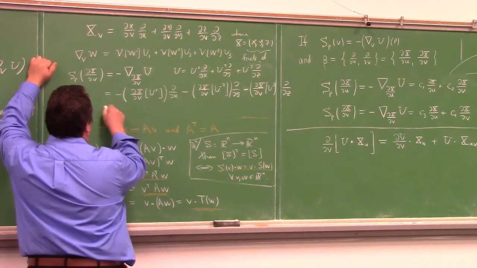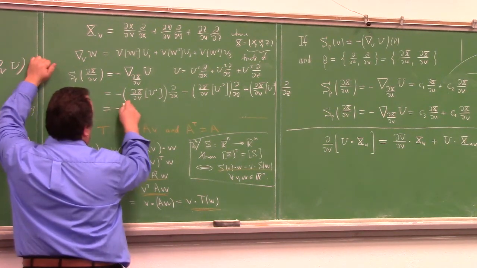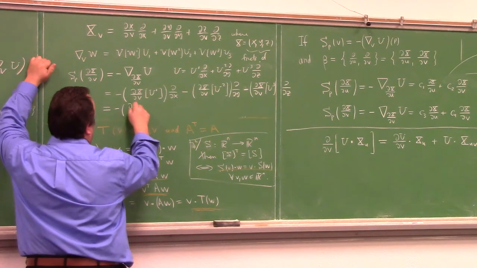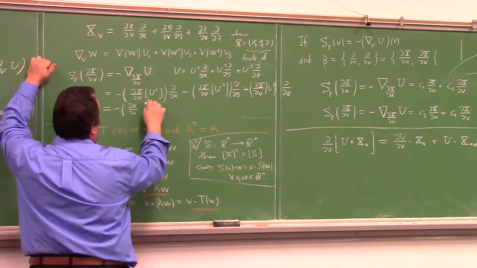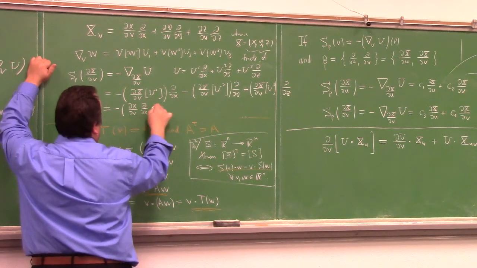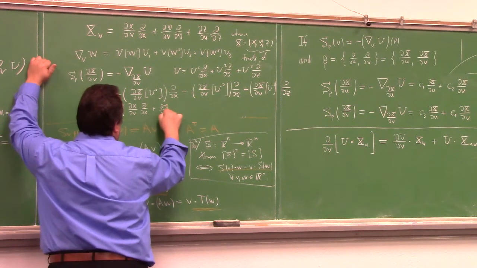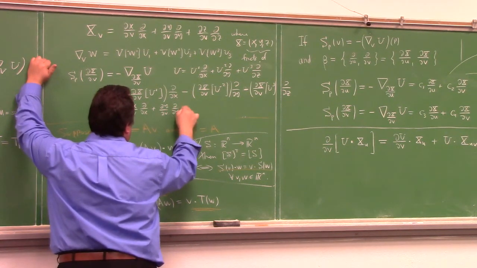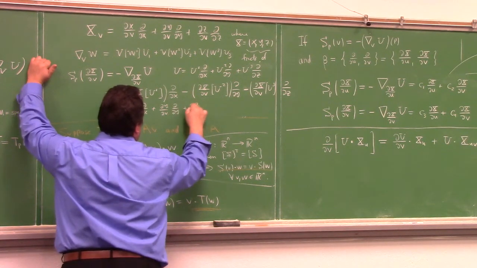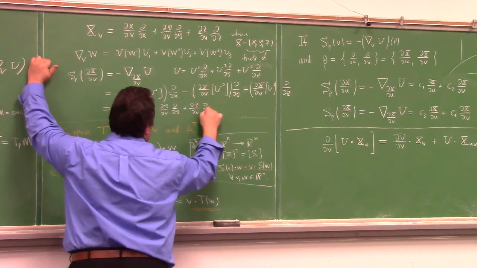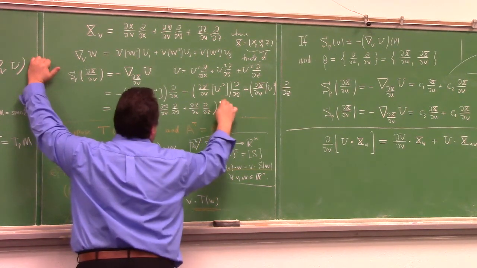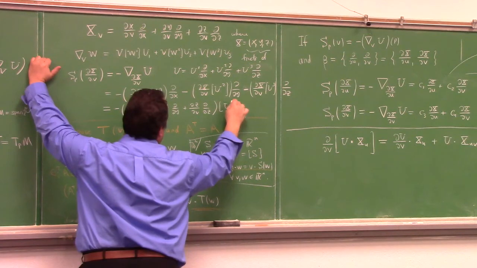So I guess I'm going to have to expand this. I mean, this is literally partial x partial v partial x, partial y partial v partial y, partial z partial v partial z, all acting on the function u1.